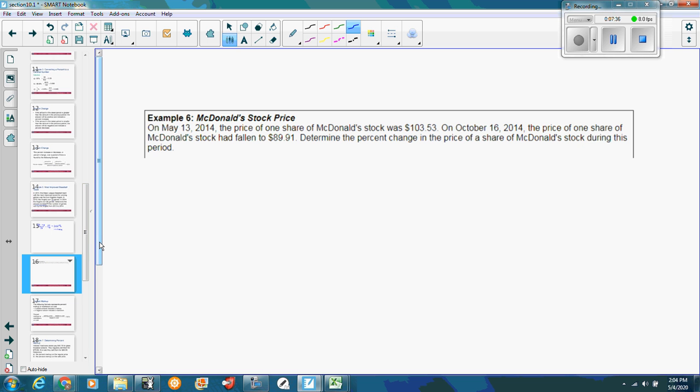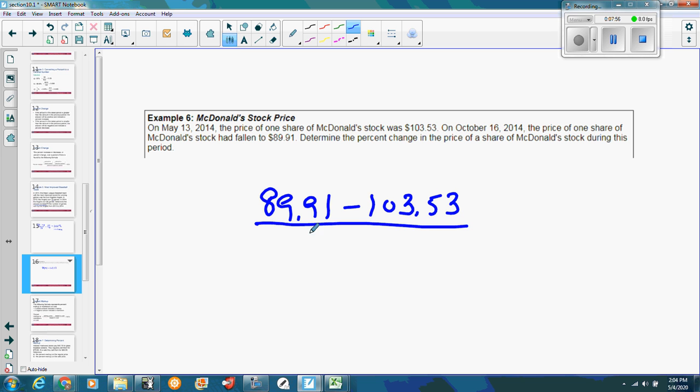Now for this one, for McDonald's, they had a stock price of $103.53 in May. Then in October, it went down to 89.91. So the latest price, 89.91, minus what it was previously, 103.53, divided by what it was previously.